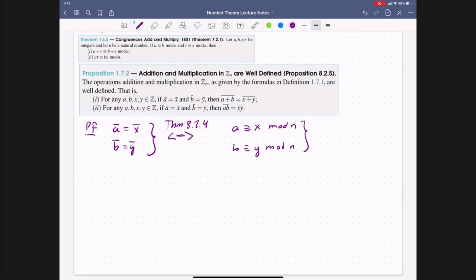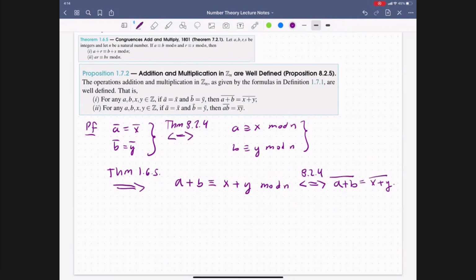And so now we have that by theorem 721, which is up here, the one that we proved in the last lesson. So now theorem 165 implies that A plus B is congruent to X plus Y mod n, which by another replication of theorem 8.2.4 tells us that A plus B bar is equal to X plus Y bar.